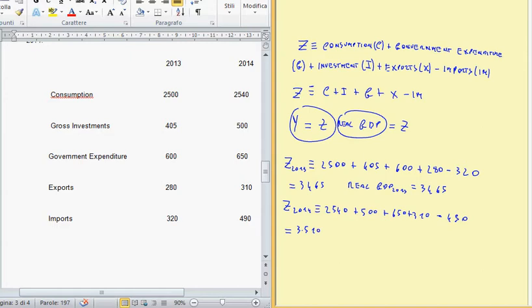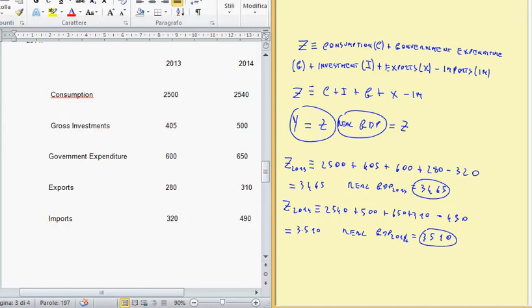So the real GDP in equilibrium in 2014 will be equal to 3510, which is greater than the real GDP in the previous year.